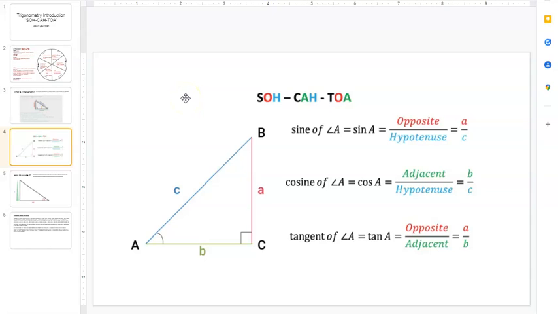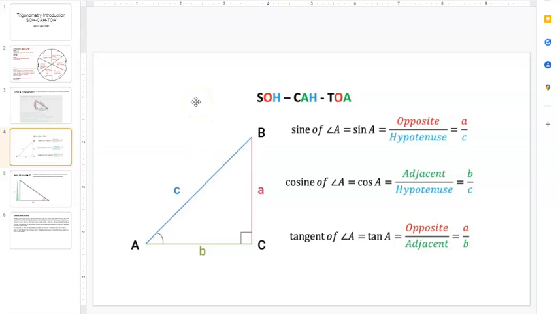It's a lot easier for us to do this in our time and place because of calculators. It used to be you would have to have ratio tables and all kinds of things to figure this out. But with SOHCAHTOA, the mnemonic device, and a calculator, any of us can easily figure out the unknown information.